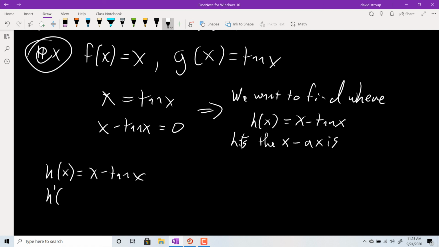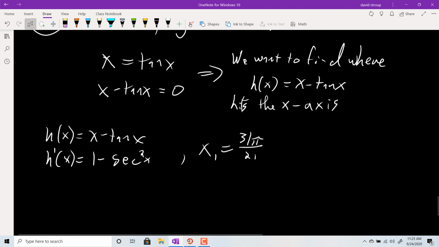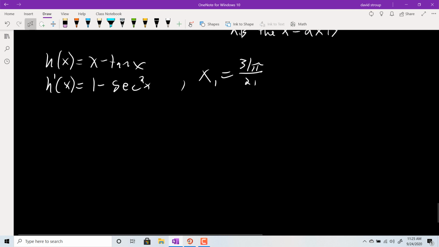I need the derivative. h prime of x will be 1 minus secant squared x. And then I need a guess for my initial assumption. I picked 31 pi over 21 just because I thought for some reason that would be very close to the intercept. And then I started iterating.